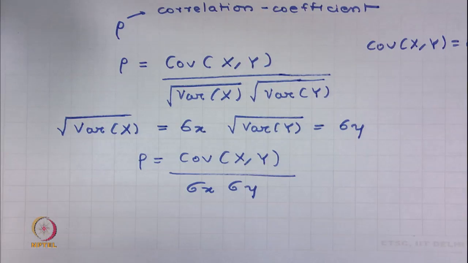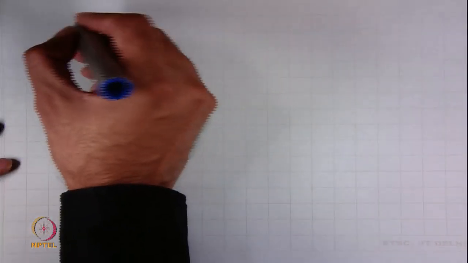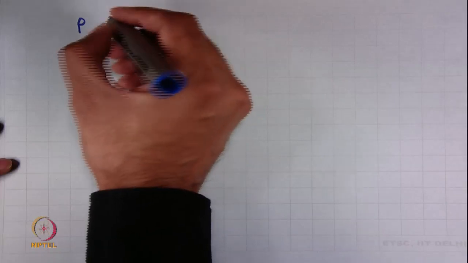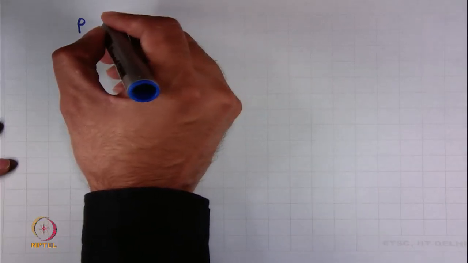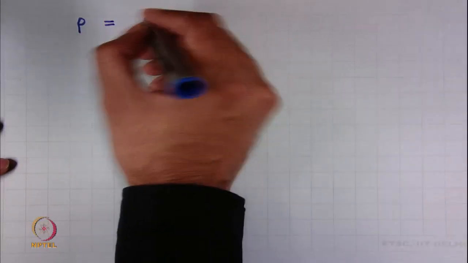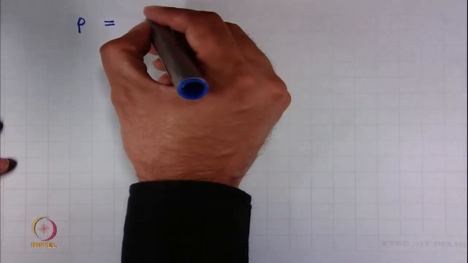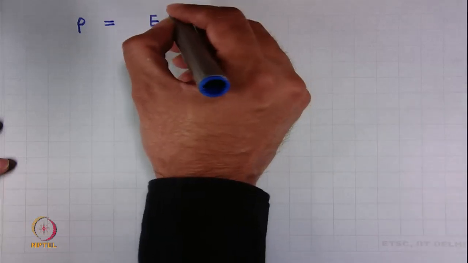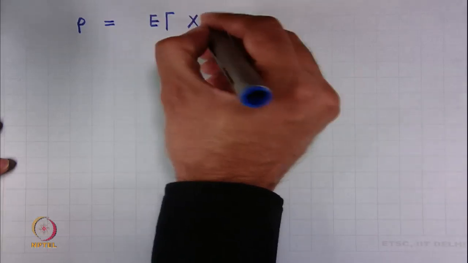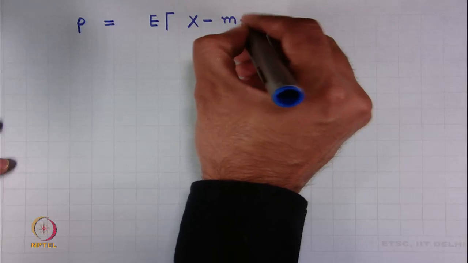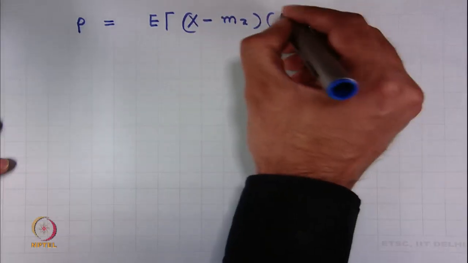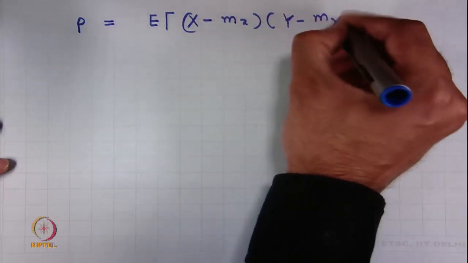Now, let me expand this covariance of x and y as expected value of x minus mx into y minus my.